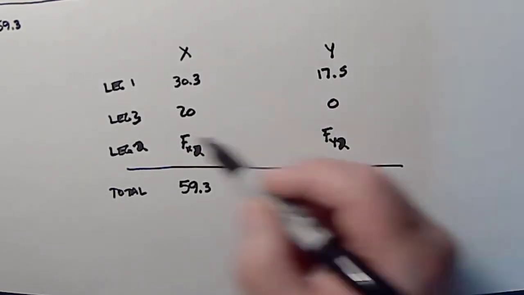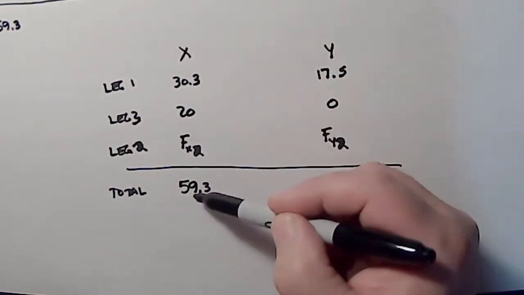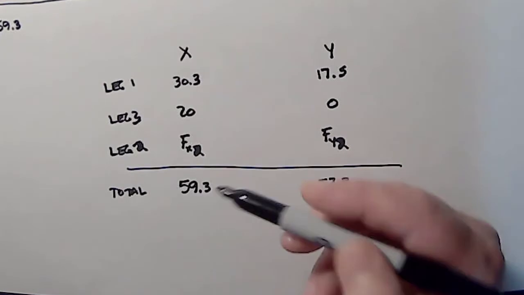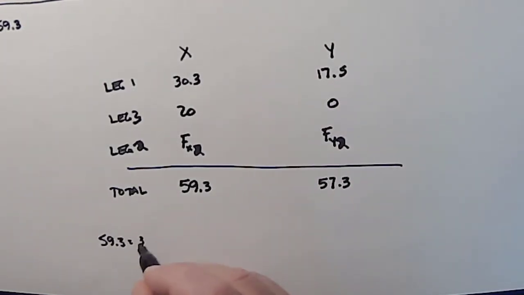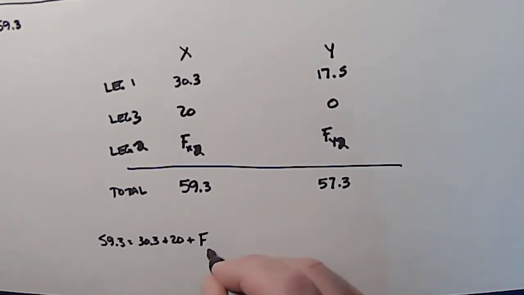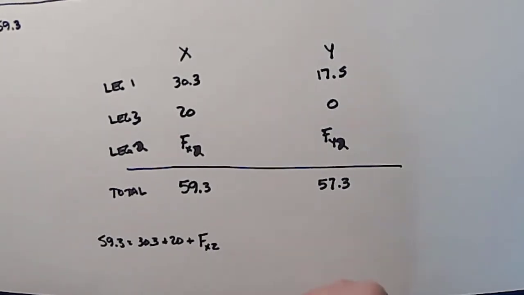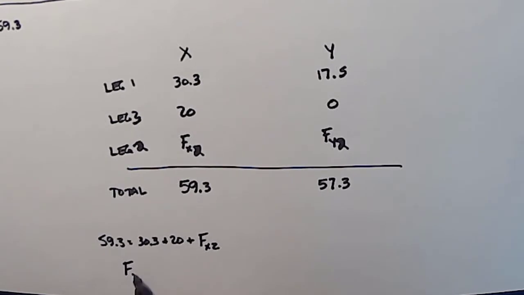Now, this plus this plus this equals this. So 59.3 equals 30.3 plus 20 plus fx2. Easy to solve for. fx2 equals 9.0.